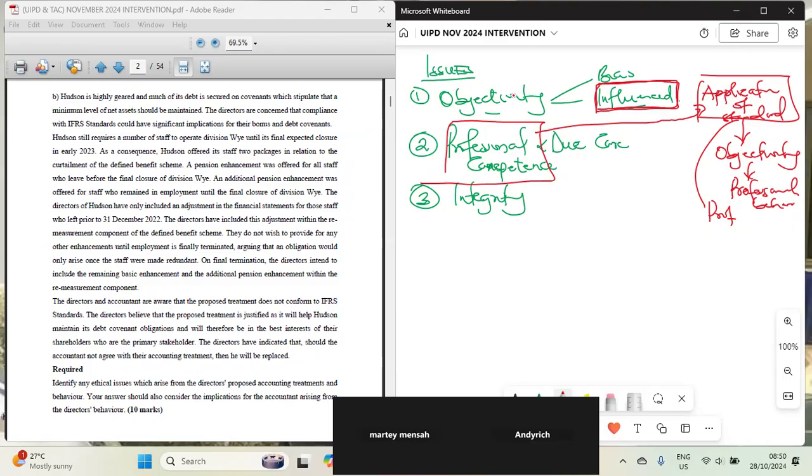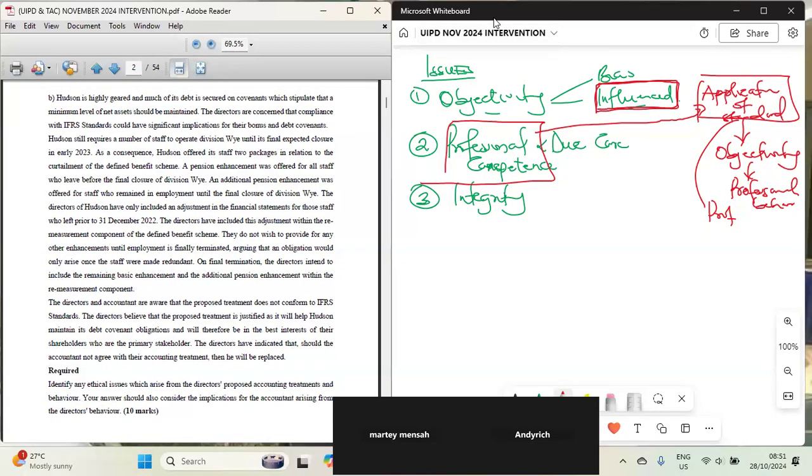They are the ones that can. You see, the accountant on his own can never be unduly influenced. It's not possible. The influence must come from somewhere. So whoever is there, whether a director or whoever, it involves him automatically. But you can't say that the director is showing an issue of integrity.